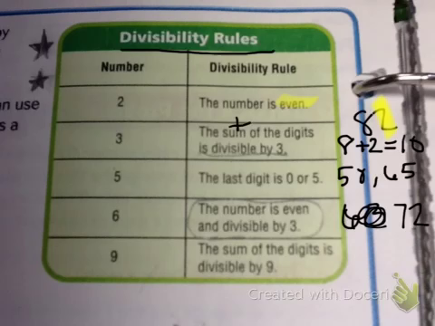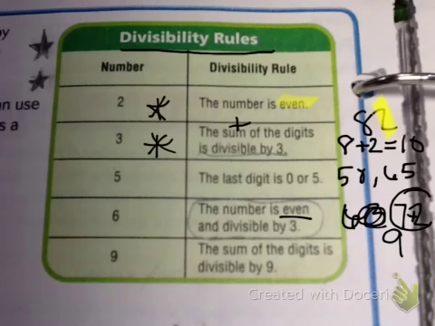I might look at that and say, there is no way that can be divisible by 6. Well, it has to follow both the 2 and 3 rules. Is it even? Yes. Is it divisible by 3? Well, 7 plus 2 is 9, and 9 is divisible by 3. So 72 actually is. 6 is a factor of 72.